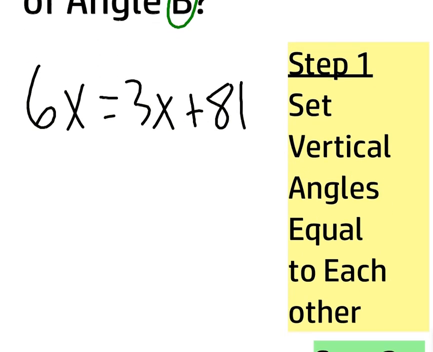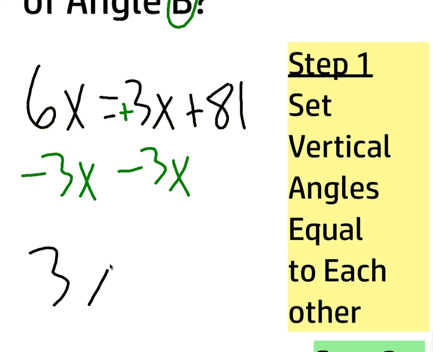Okay, from here, what are you going to do? Somebody raise their hand. Jessica. Close. Yeah. So the 3x is positive, right? So we got to do the reverse. Subtract it. So you get 3x equals 81. Okay.